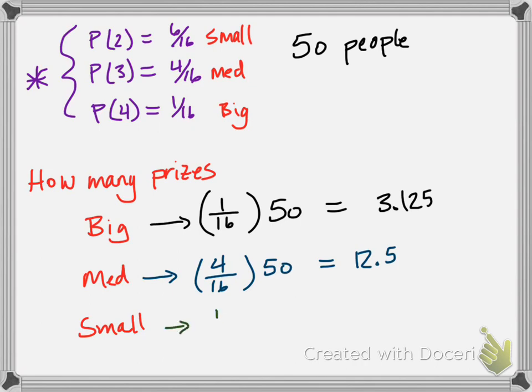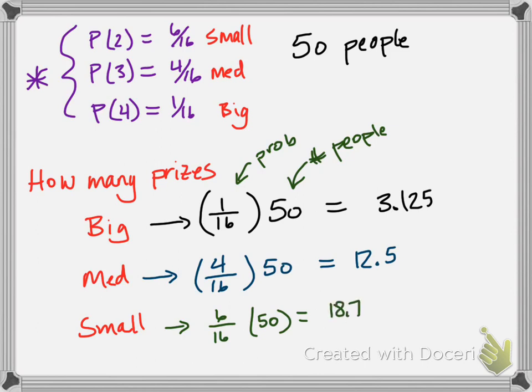The small one is 6 out of 16, right? I would take that and then multiply it times 50. So basically I'm taking the probability times the total number of people who play, and that gives me the number of prizes I'm going to need. Okay, so 6 divided by 16 times 50 gives me 18.75. So I would probably buy like 20 of them.